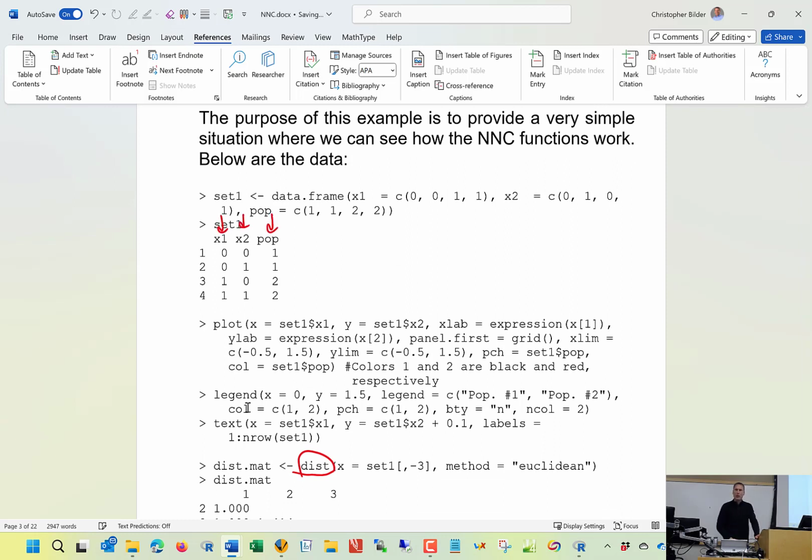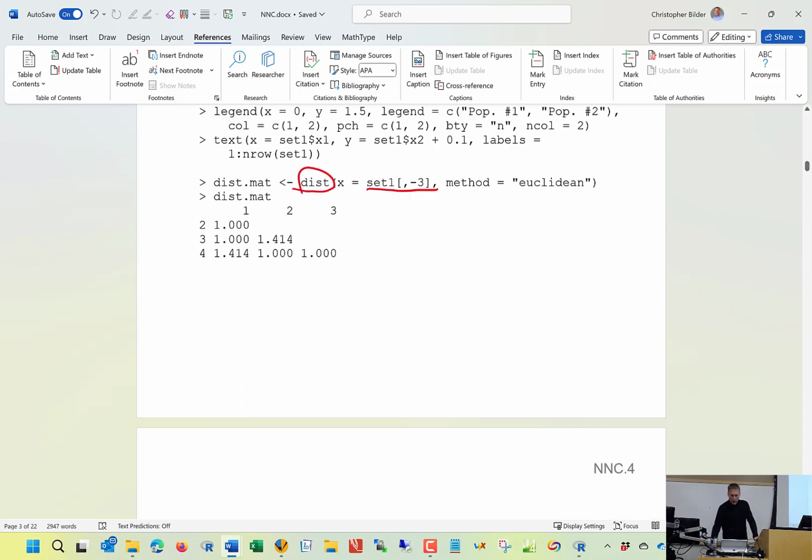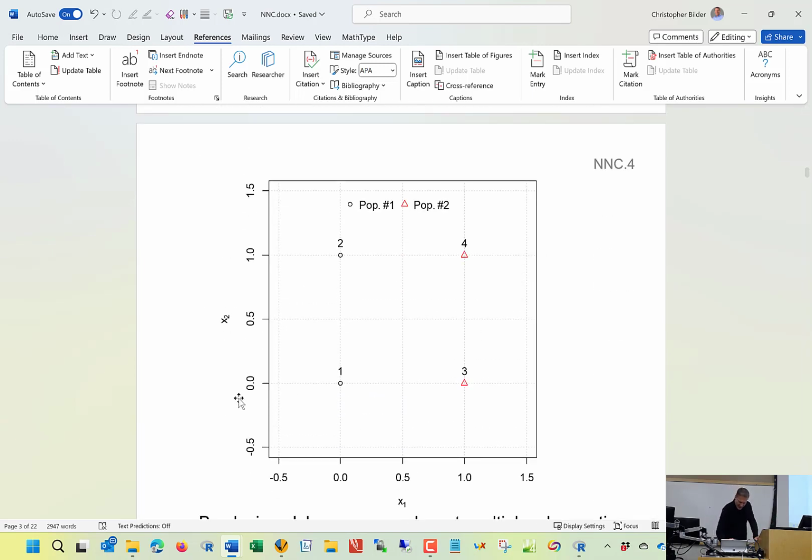I also have a variable called pop, for population, the group. And so when I find these distances, notice I remove that 3rd column from the data frame so I can find the distances relative to x1 and x2. So the distance between 1 and 2 is 1. And in fact, you can see, indeed, on this plot that distance is definitely 1.